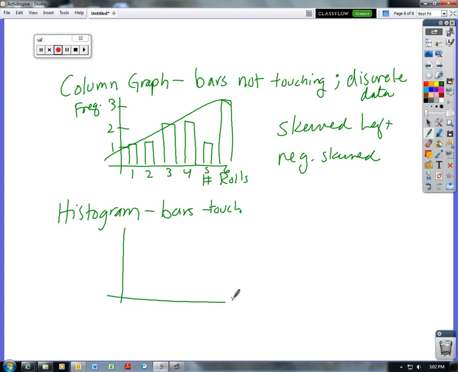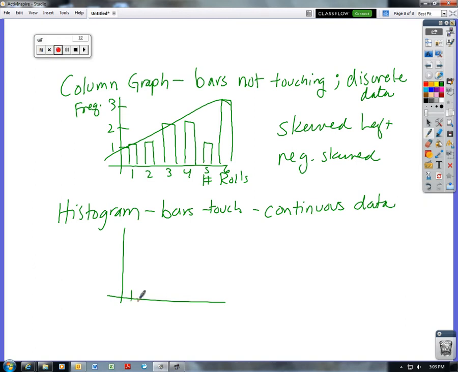Since I had discrete data, I made a column graph, so beautiful. And then the histogram, they're saying you want to use that with continuous. I would definitely agree you would want to use a histogram for continuous data regardless, no matter what. But it seems to me like you could also use a histogram for discrete data. That's just my own personal opinion.